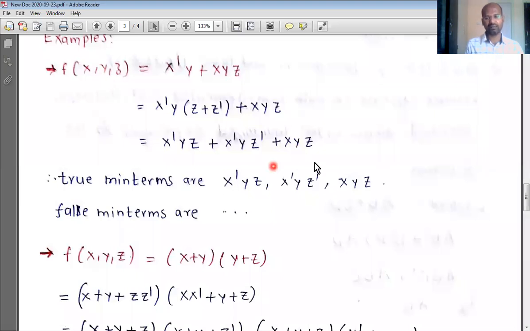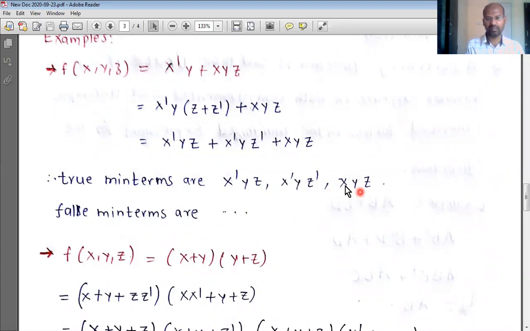For other combinations, how many other combinations exist for a 3 variable function? Totally there are 8 combinations, so 8 minterms are possible, like 0, 0, 0, like that. We have 8 minterms possible for this 3 variable function. Out of 8 minterms, only these are true minterms. False minterms are other than these 3.